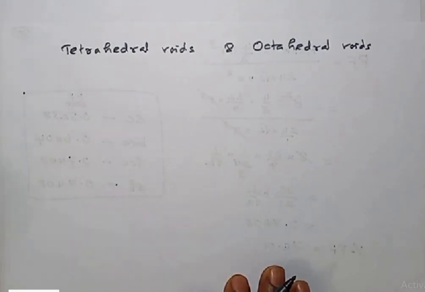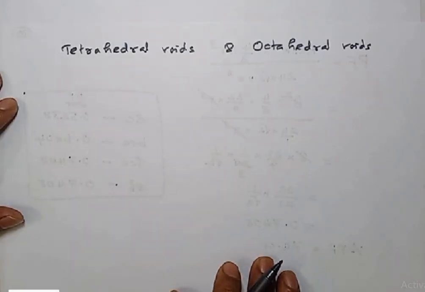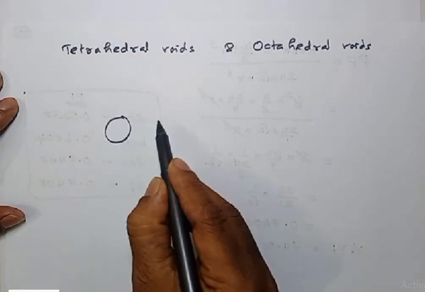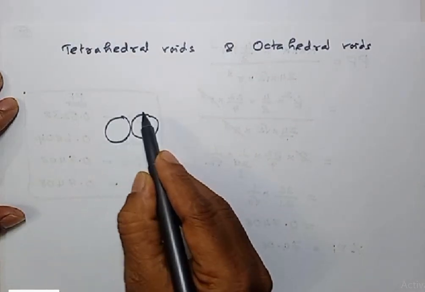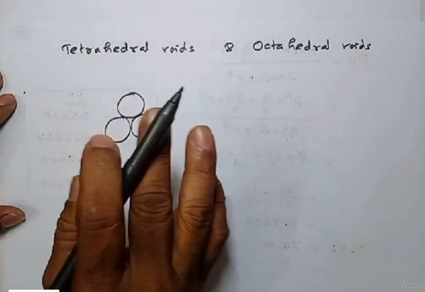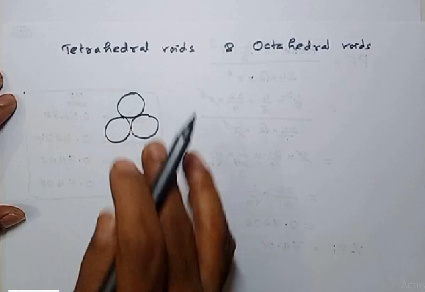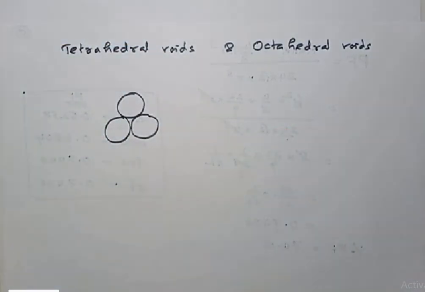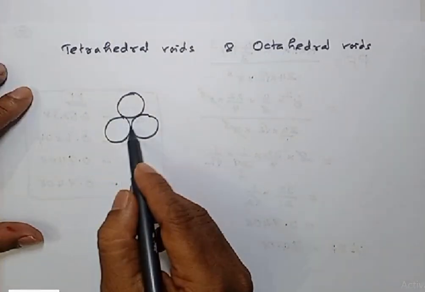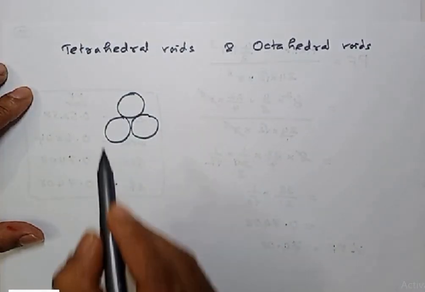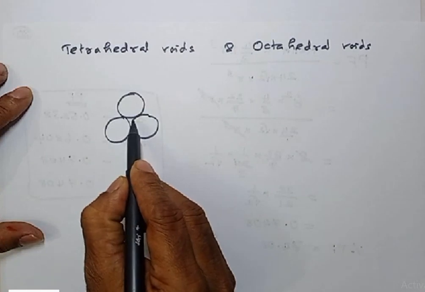What is the meaning of tetrahedral void and what is the meaning of octahedral void? Listen, suppose you place 3 atoms, or 3 molecules or 3 particles in general, like this. See, they are all balls. Just imagine them like balls. If you place 3 balls close like this, you will get a depression here.